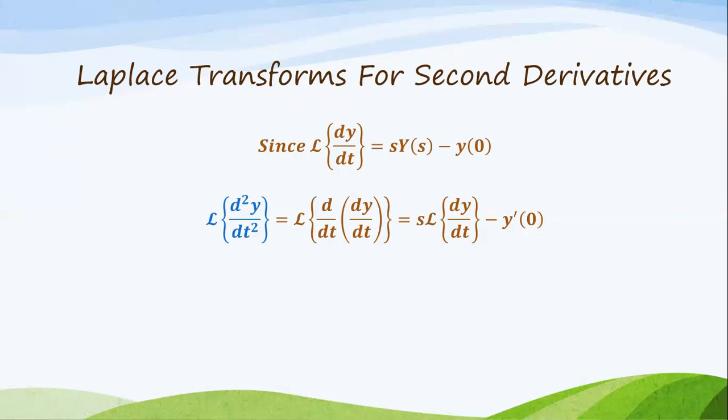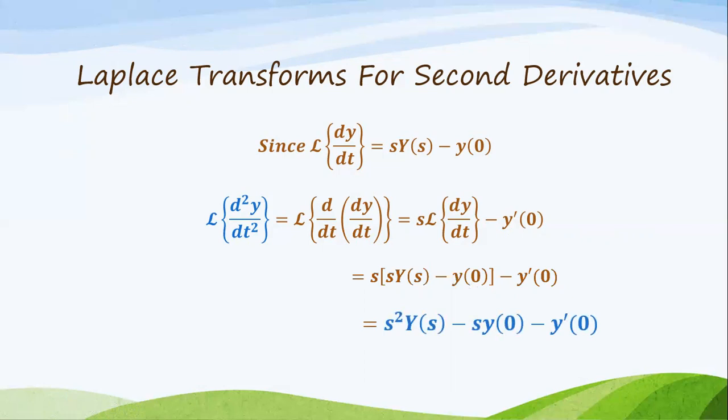That would be the result applying it to a second derivative, but then, of course, we can recursively take now the Laplace transform of the first derivative and replace that expression in. We said that we know the Laplace transform of the first derivative is s times the Laplace transform of the original function minus the original function evaluated at 0.